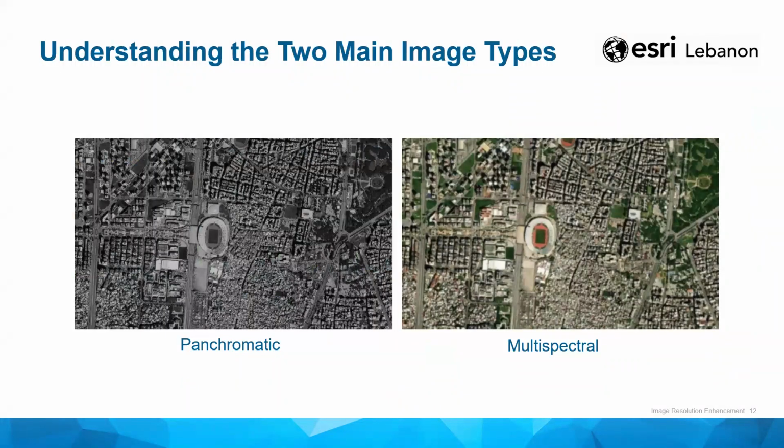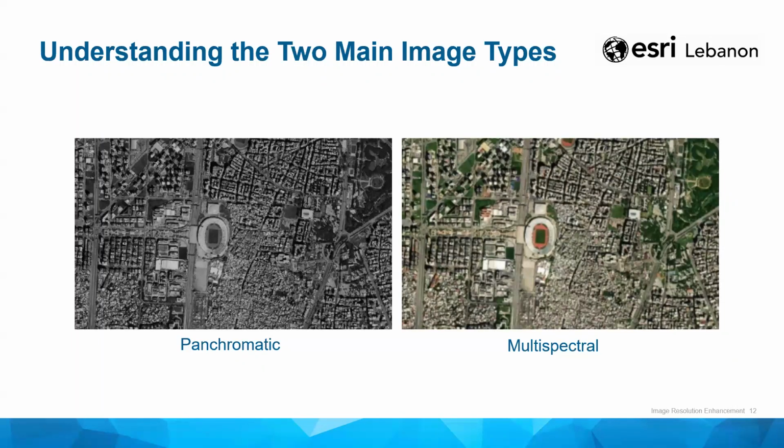Before talking about the other traditional method, I want everyone to understand something. We often work with two very different kinds of imagery, and each one is built for a specific purpose. A panchromatic image is collected in one broad wavelength range, so it captures a strong signal and produces very sharp spatial detail.